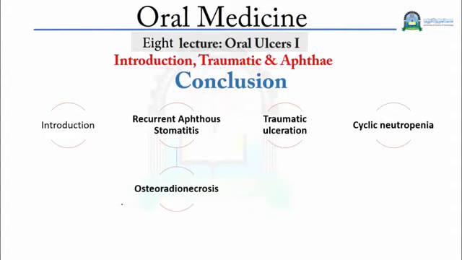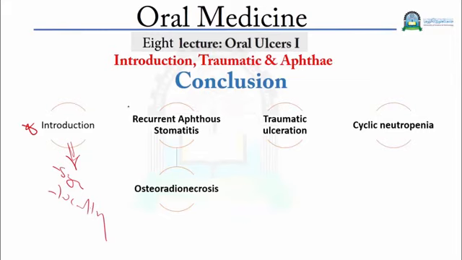So in conclusion, in this lecture we talked about the introduction to oral ulcerations and mouth soreness, and pathogenesis, and also the types and the causes, systemic and local, which lead to oral ulceration.